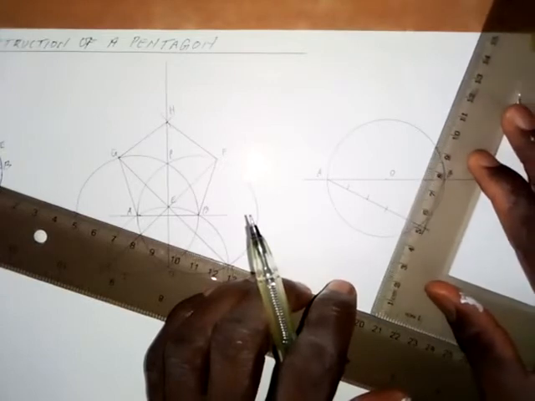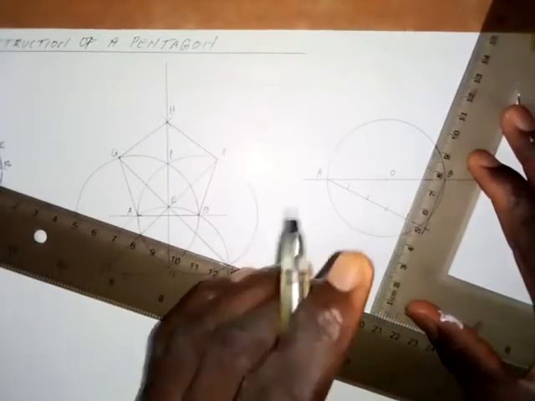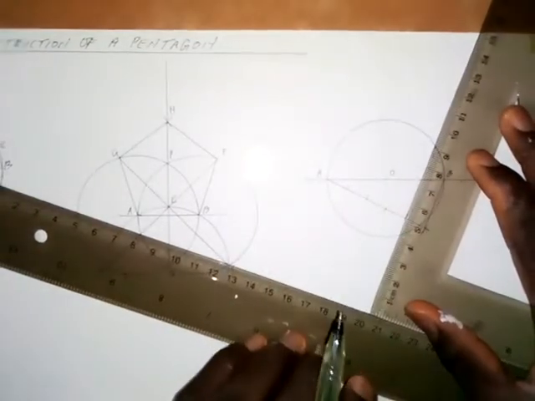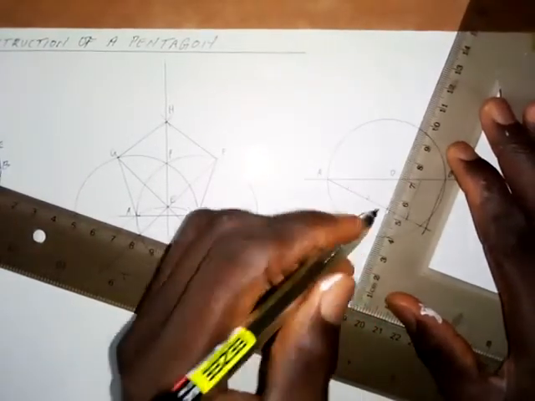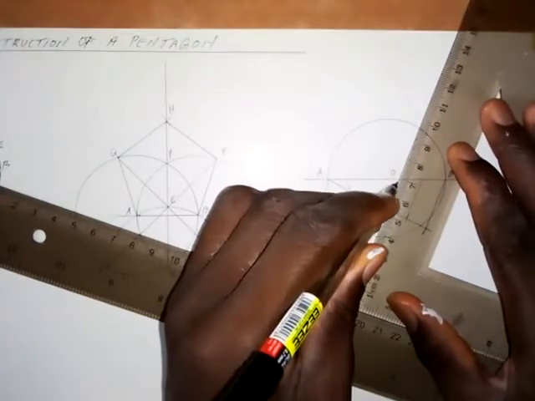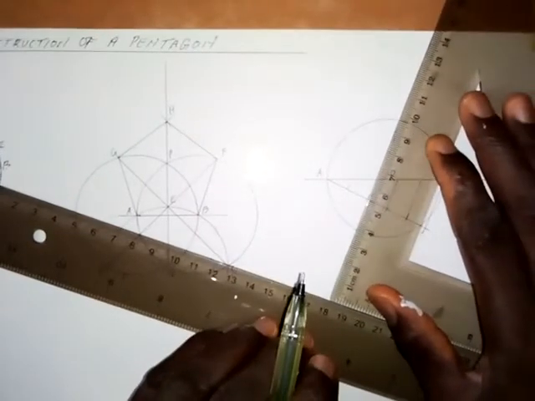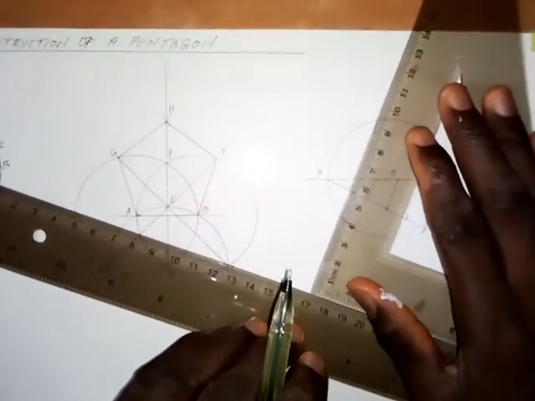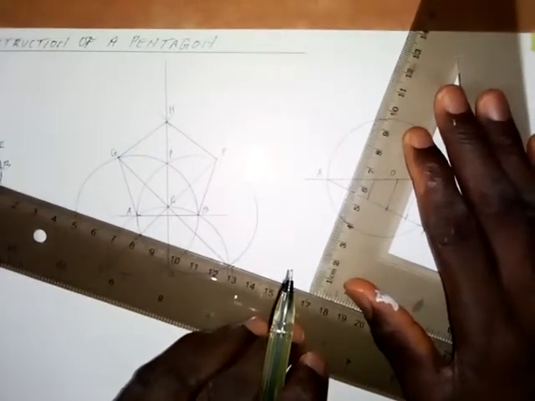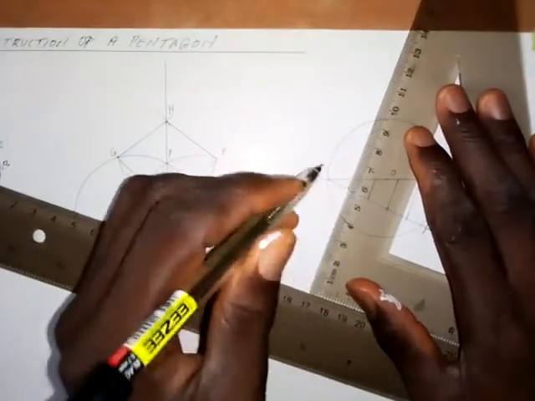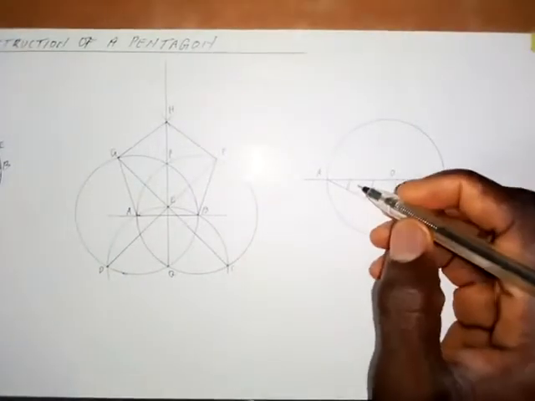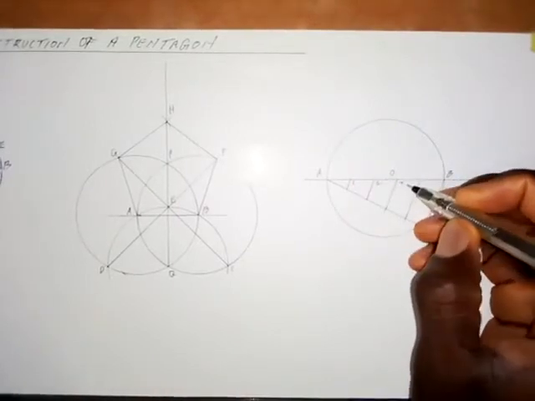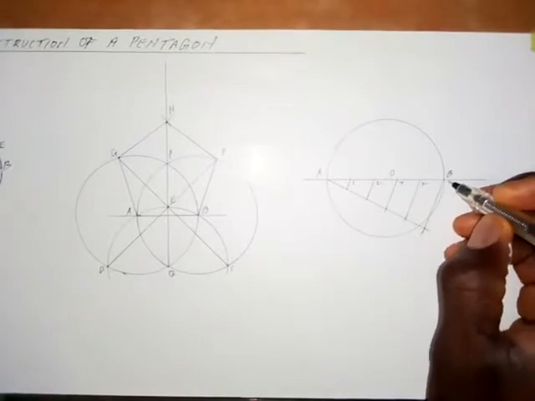Move it to the next point, draw a line, then move it to the next point, draw a line, and move it to the next point, draw a line. So this is 1, this is 2, this is 3, this is 4, and this is 5.